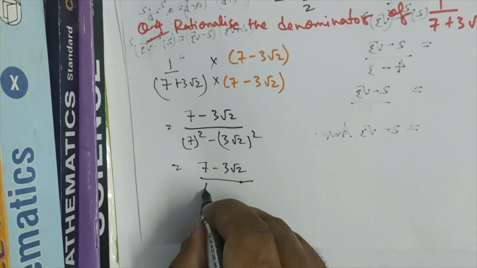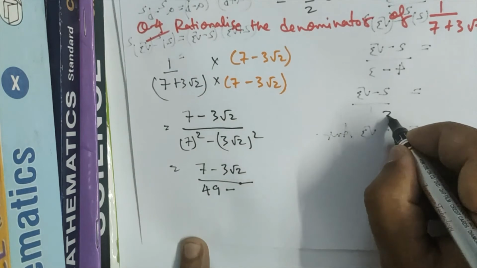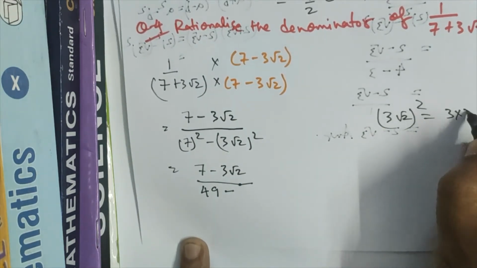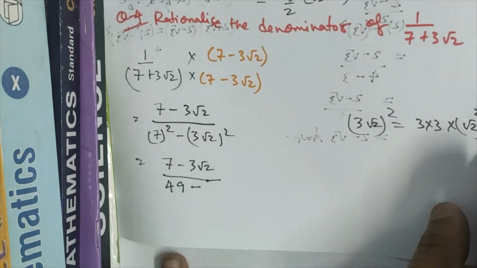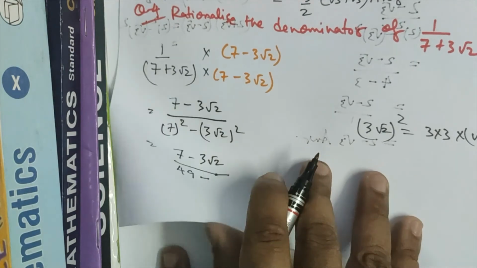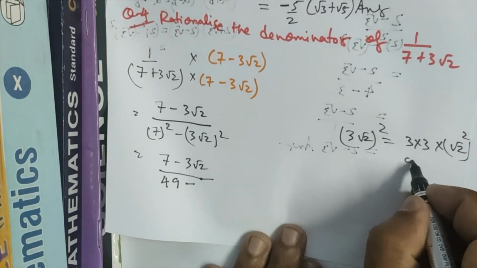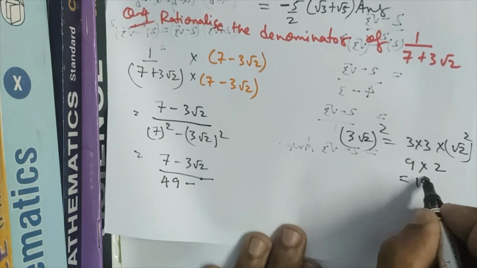Square of 7 is 49 minus square of 3 root 2, which will be square of 3 multiplied by square of root 2. Square of 3 multiplied by square of root 2, that is what? 3 square is 9 into square of root 2 is 2, that is 18.